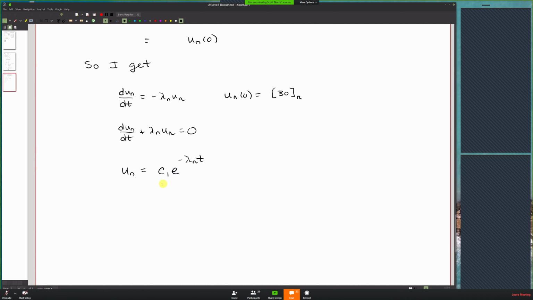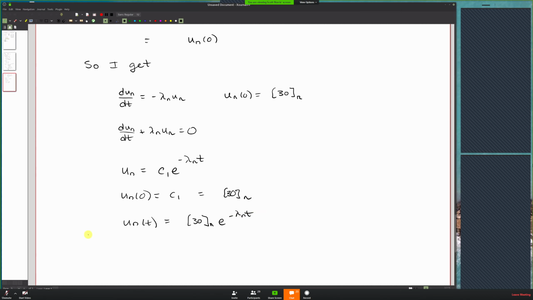And how do I find that constant? I plug in my initial condition, and I get u_n of 0 is C1, which has to be 30 sub n. And so u_n of t is 30 sub n e to the minus lambda_n t.